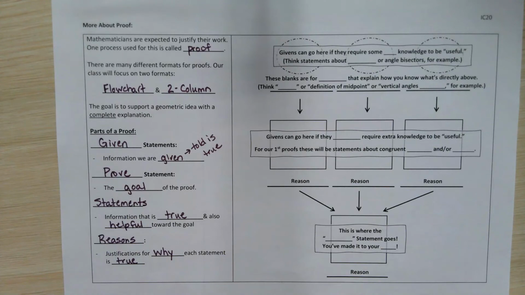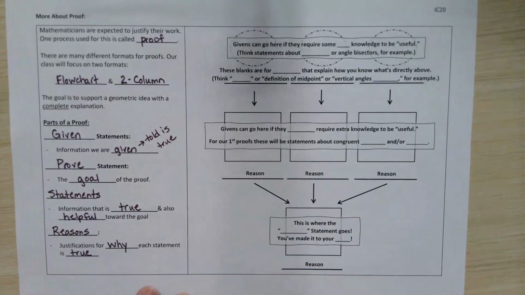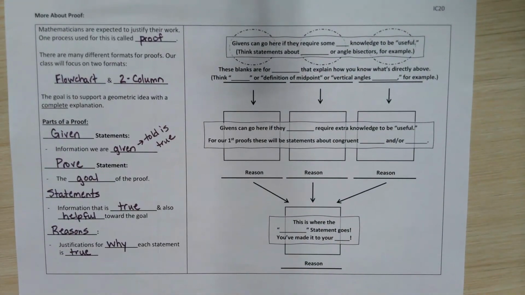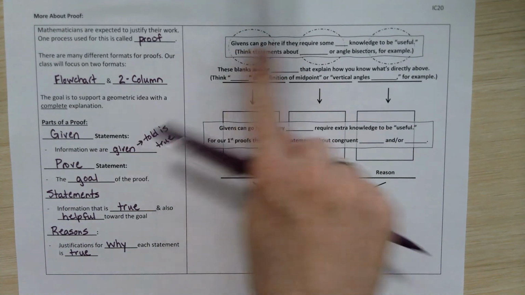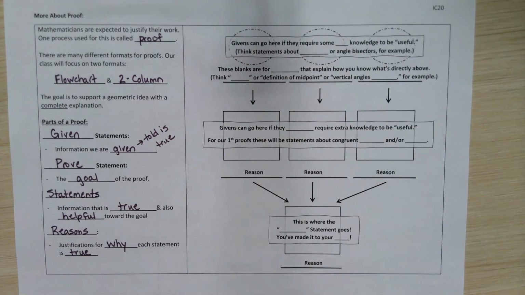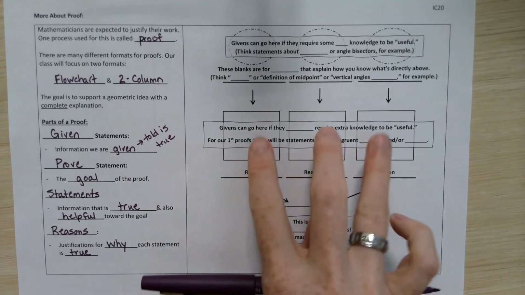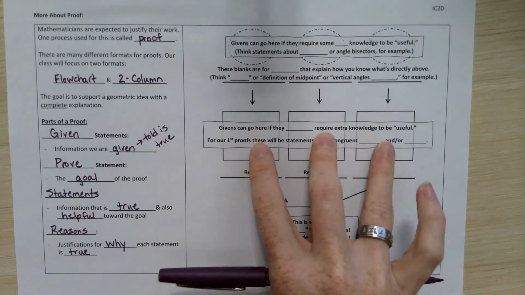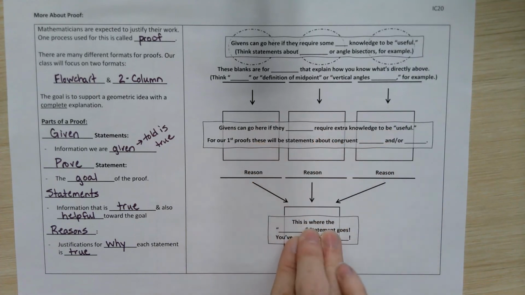Okay? So over here is just a blank flowchart proof, and you'll notice that this one is a little bit different than the one that we had. Well, for two reasons. It's got a bunch of type over the top of it explaining what these different sections are about. But for a second reason, our proof started here with these three rectangles and continued down to our proof statement rectangle.